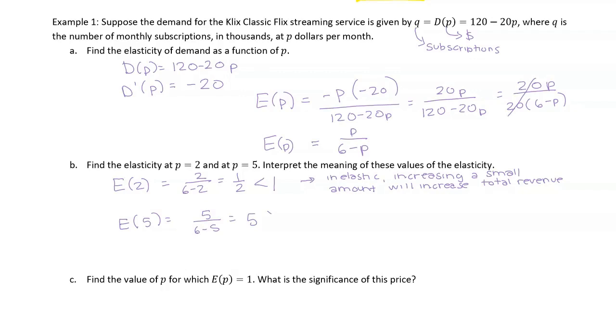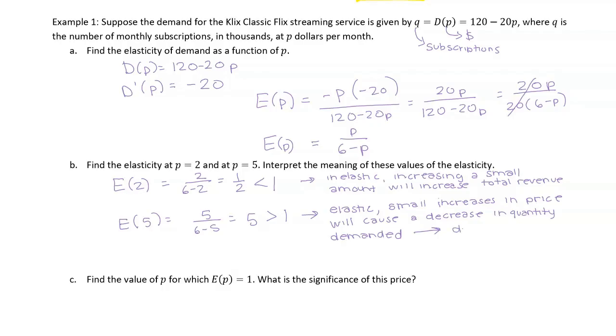This is 5, and that's greater than 1. So this is elastic. So this means that small increases in price will cause a decrease in quantity demanded, and this will be a decrease in total revenue.